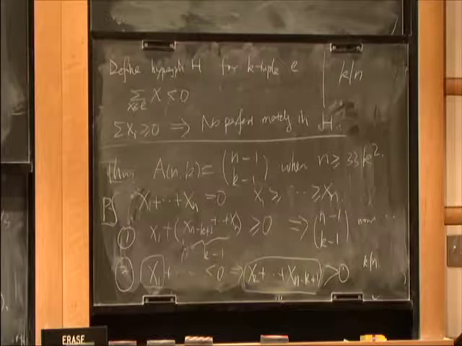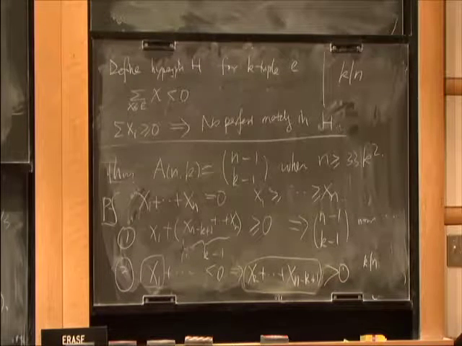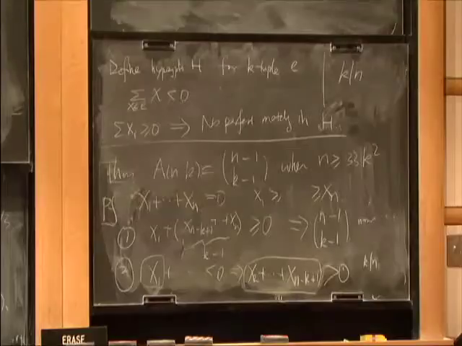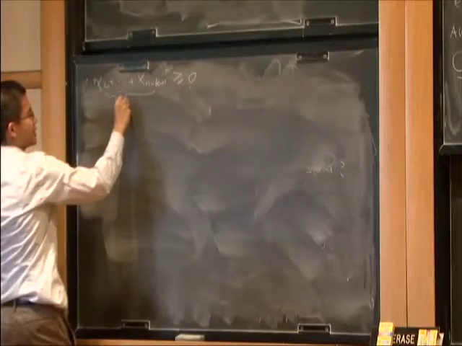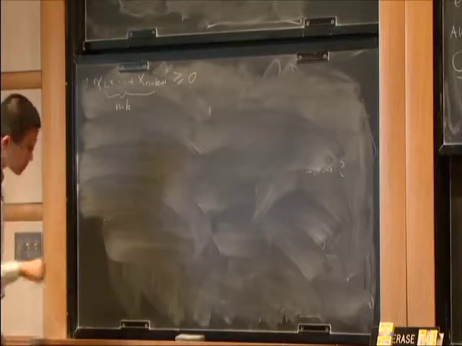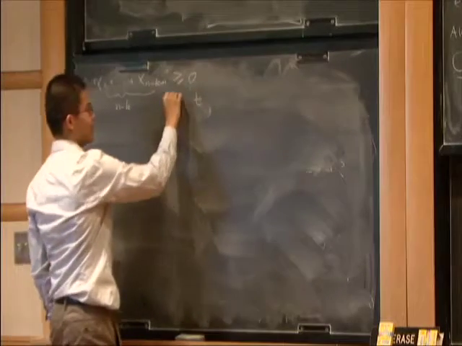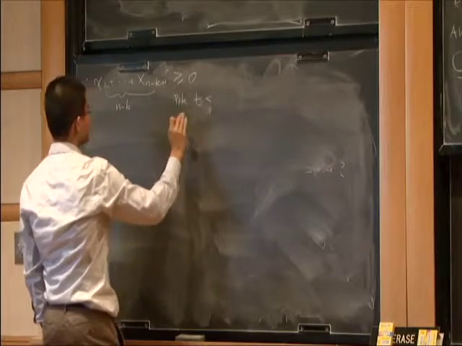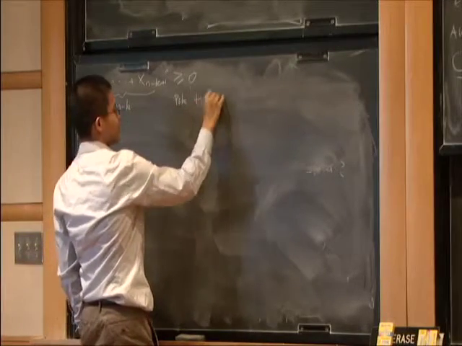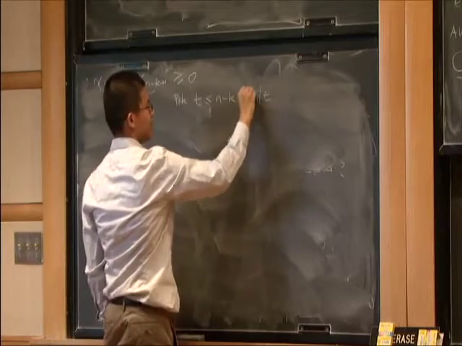In this case, we know that the sum of these numbers is greater than or equal to 0. How many numbers do we have? We have n minus k numbers. Now just pick t such that t is less than or equal to n minus k, but t is divisible by k.